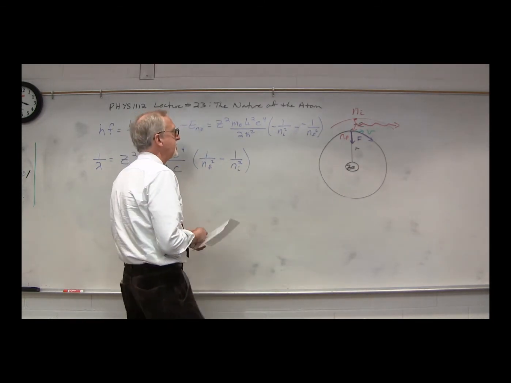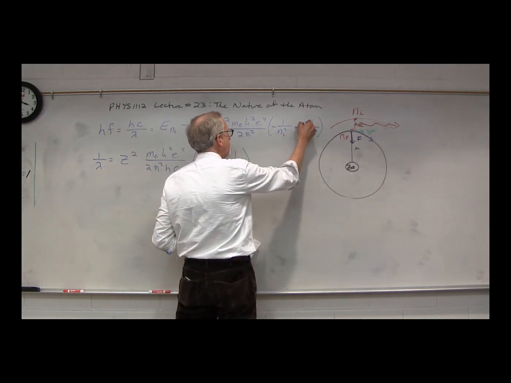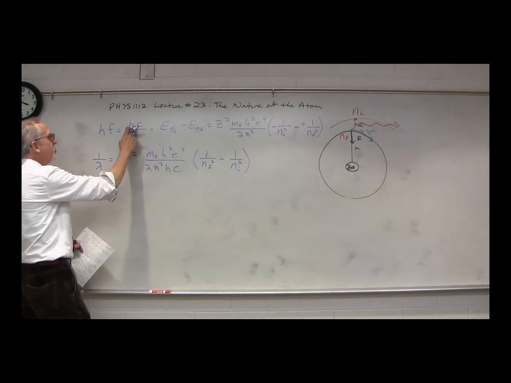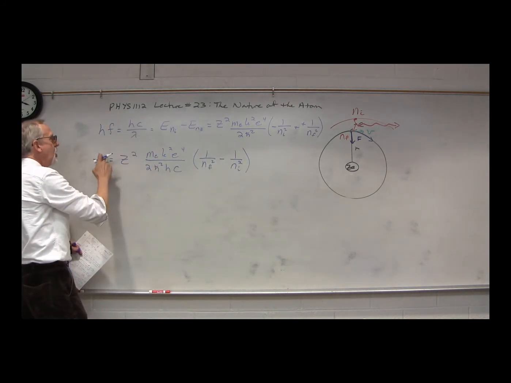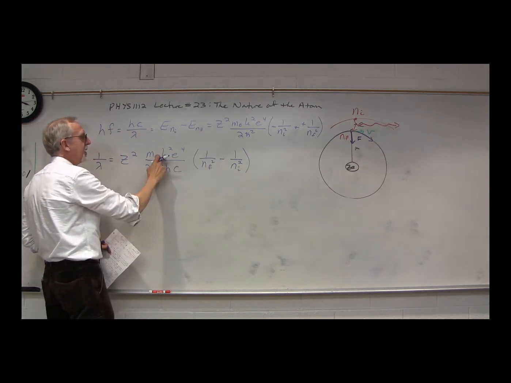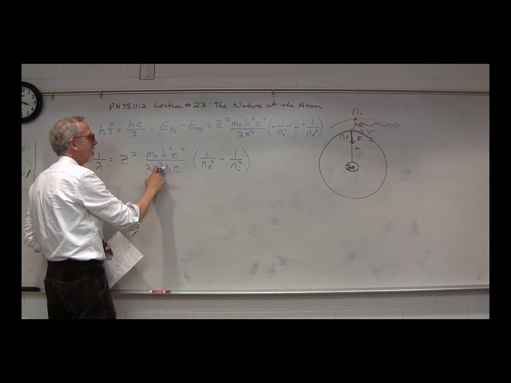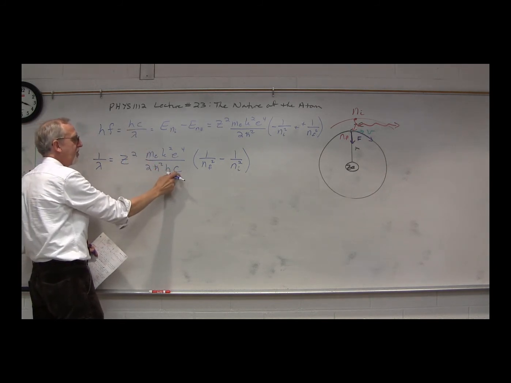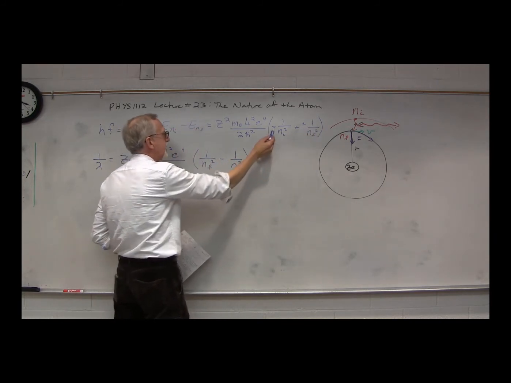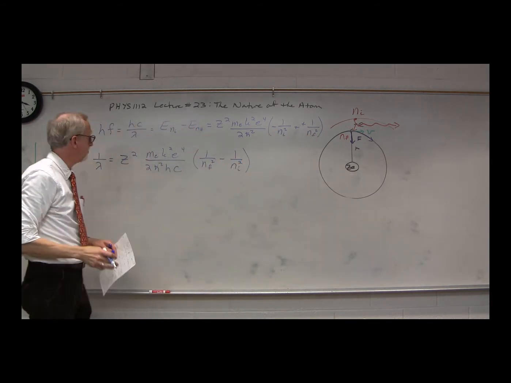Well, we have minus a negative, this gives us plus. So we can write this whole thing then as, if we divide off the hc, 1 over lambda equals Z squared m_e k squared e to the fourth over 2ħ squared, dividing the hc, hc, times 1 over n_final squared minus 1 over n_initial squared.